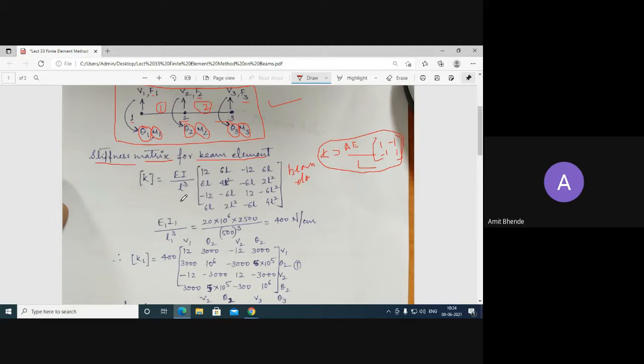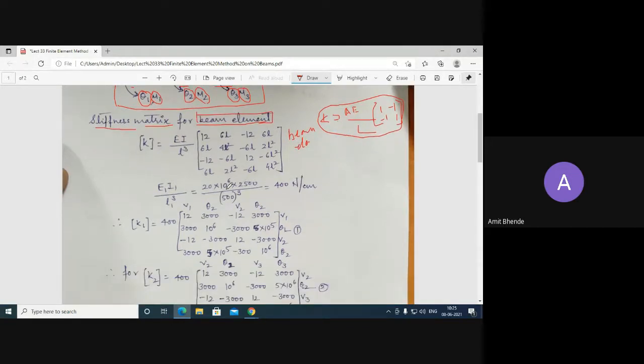So you remember that the element stiffness matrix is given by this formula. So this is the formula for the element stiffness matrix for beam element. Okay. Now we find out the element stiffness matrix for first element.